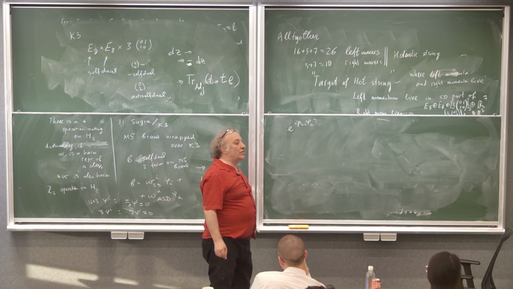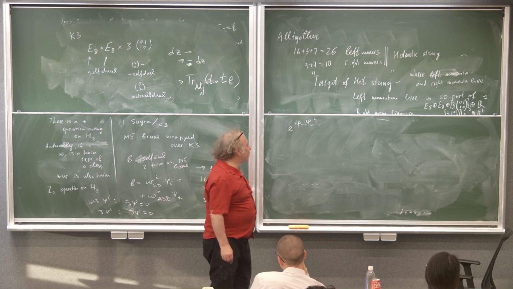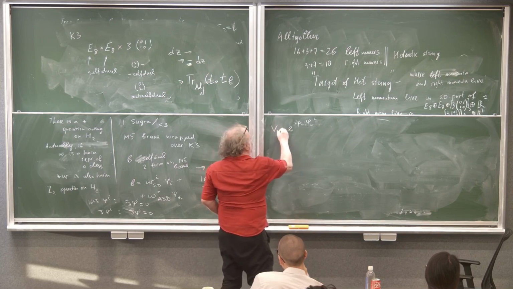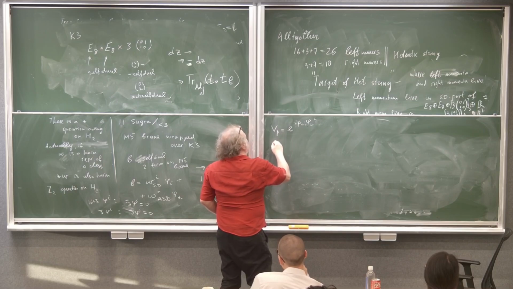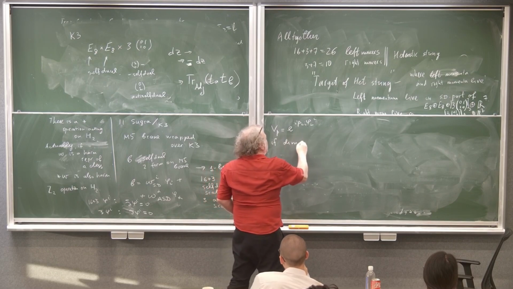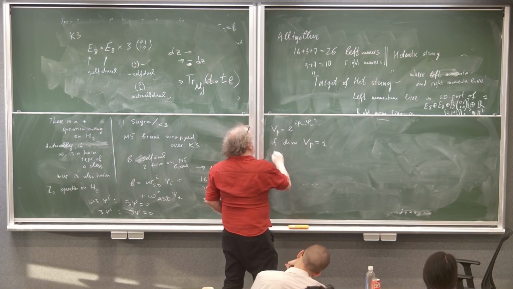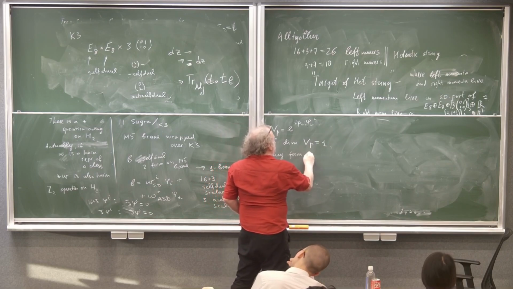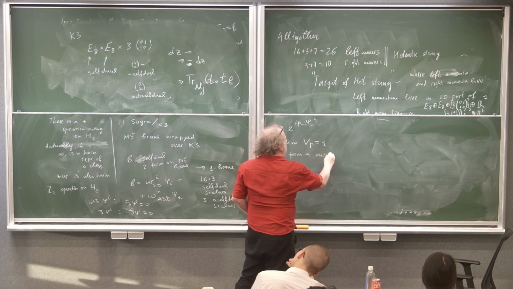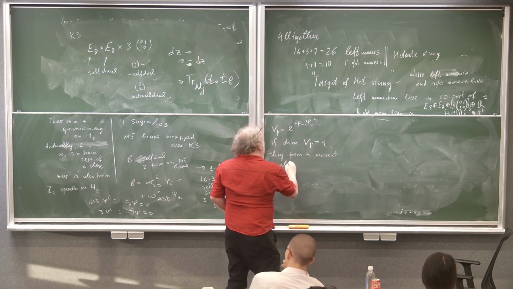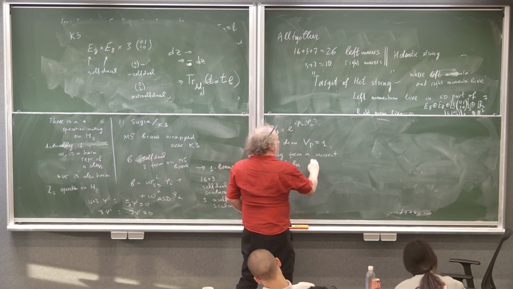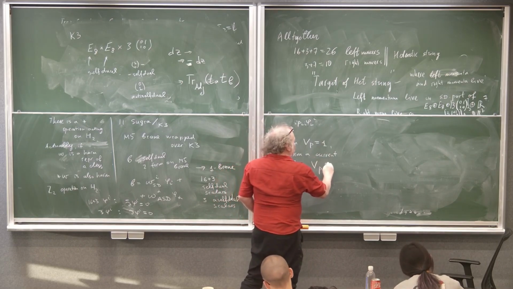If you studied chiral algebras, you know this. Let me call it VP. And then, if the dimension of VP is 1, they form a current algebra.